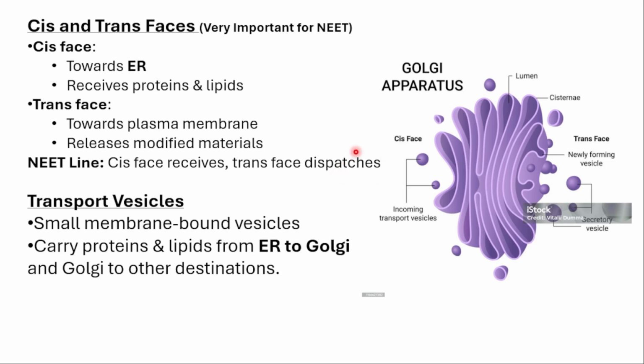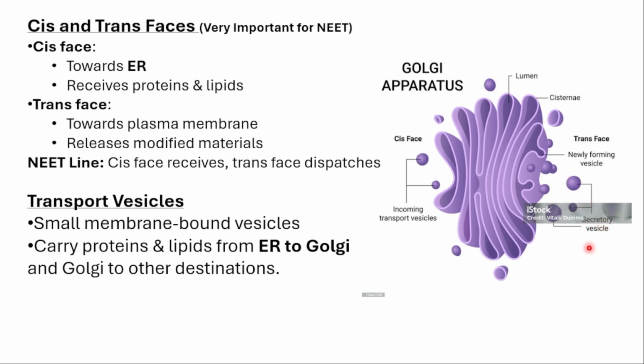Okay, it means from the company to the customers. From the company, whoever receives is said to be the cis face, and that is delivered by a delivery boy. Next, after the modification, the final touch-up, it is going to be released after the final fine packaging.